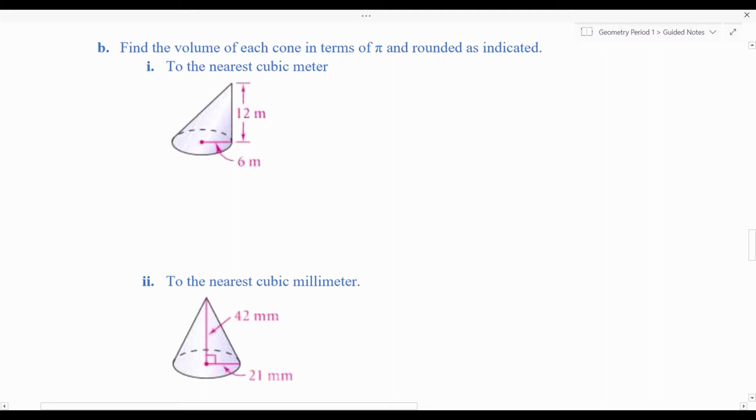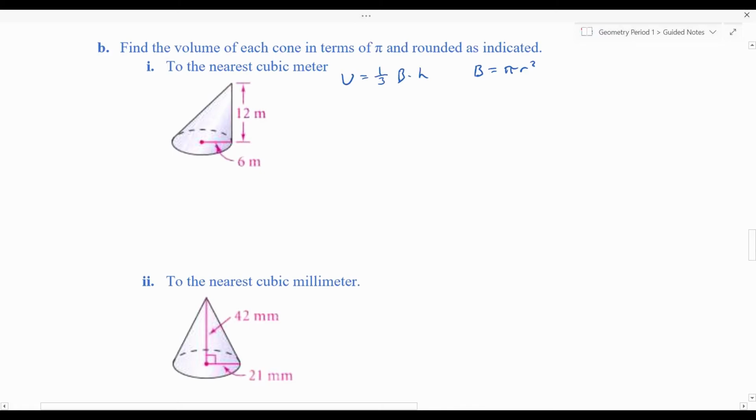All right, for part B, number 1, still we're going to be using volume equals 1/3 the base, the area of the base, times height. We know that the area of the base is going to be pi r squared.